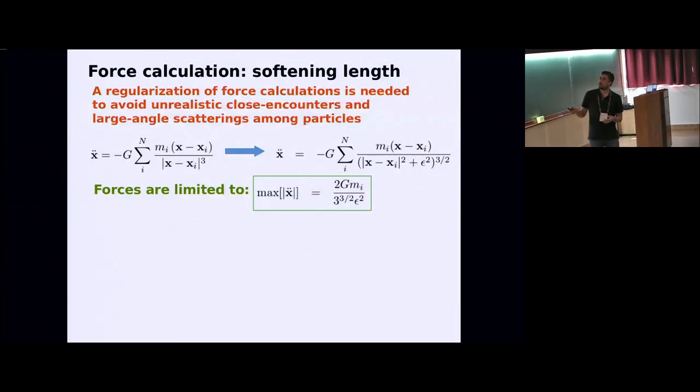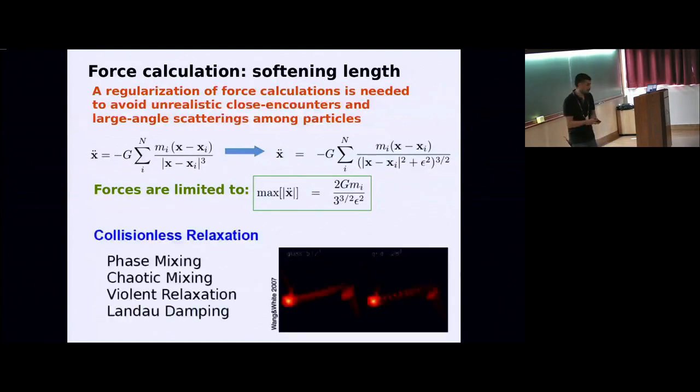And now you have a modified equation that is not only 1 over distance, but it's the distance plus some parameter, right? So now the forces don't grow without bound, but they have an upper limit that depends on the value of this softening. So it's a parameter that you actually need, but it also has some drawbacks, right?